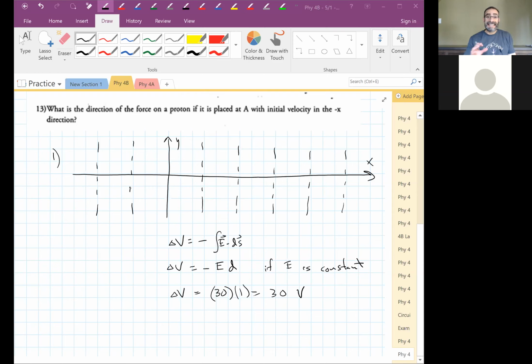All we know are delta V's, right? All we know are changes in electric potential. So you have to start with where you know the potential is. Otherwise, we'd all have different answers. They'd all be correct, but they'd all be different, right? So where is it given? It's given that it's 100 volts at the origin, right?